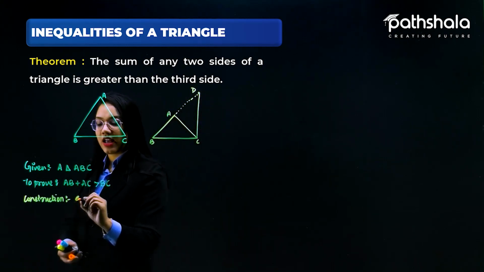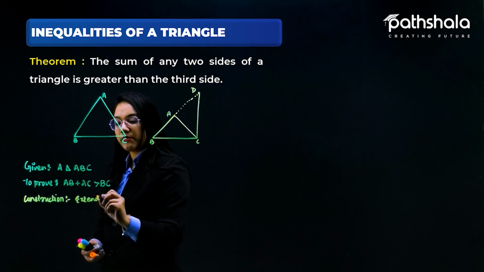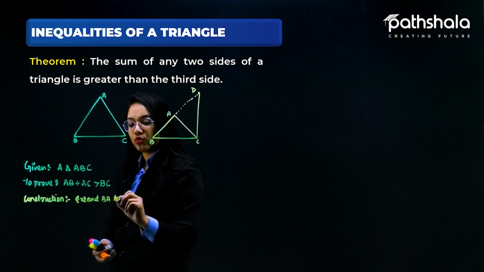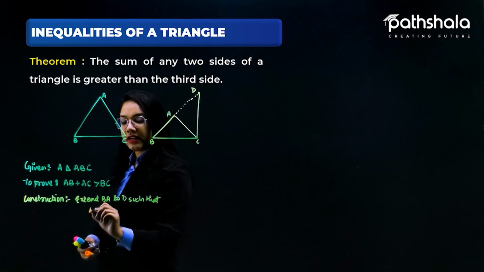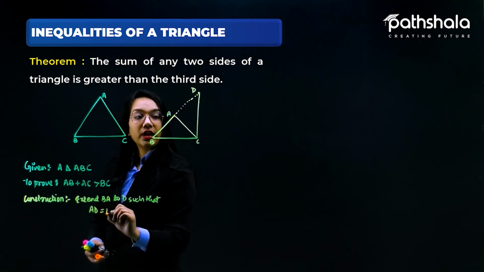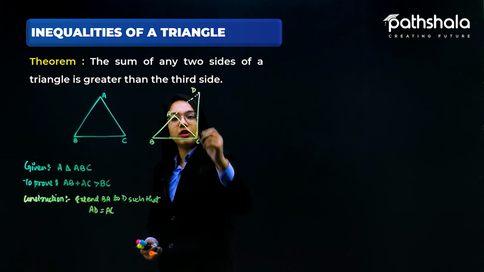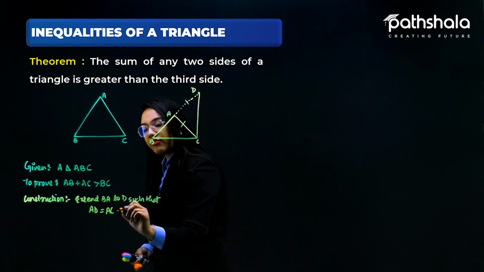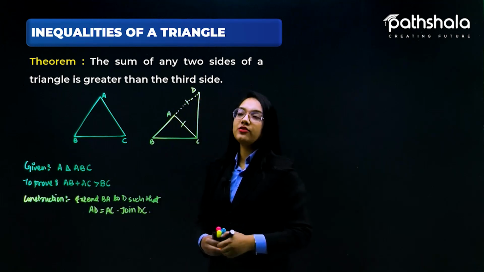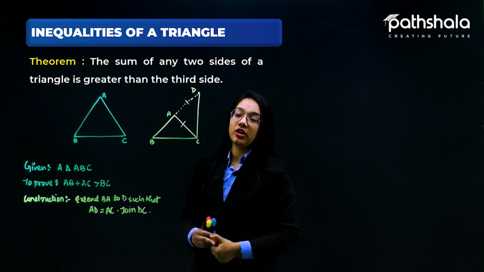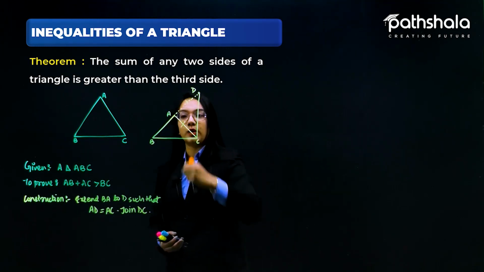So we extend BA to D such that AD is equal to AC, and further join DC. I have done this construction in such a manner that this side should be equal to this side.